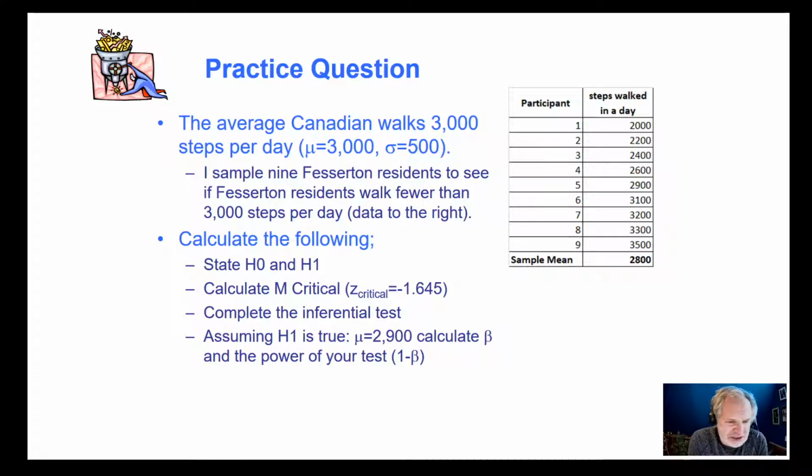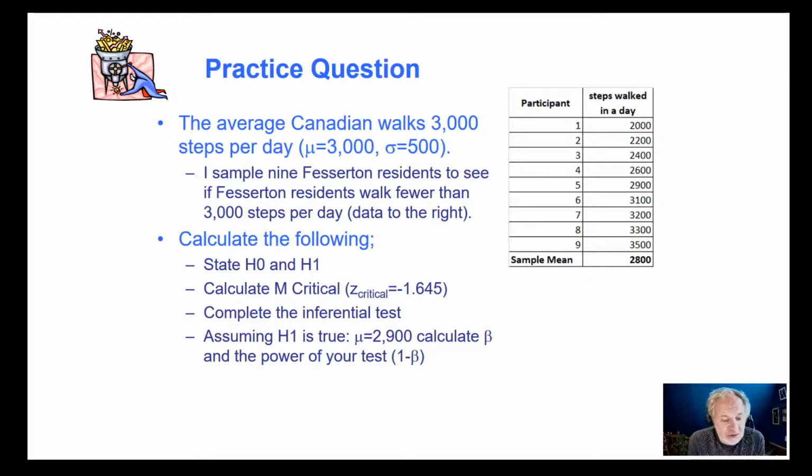Here's a practice question. The average Canadian walks 3,000 steps per day. So for the null hypothesis, mu equals 3,000. Sigma, the population standard deviation, is 500. I sample 9 Festerton residents to see if Festerton residents walk fewer than 3,000 steps per day. My data is to the right, sample mean of 2,800.